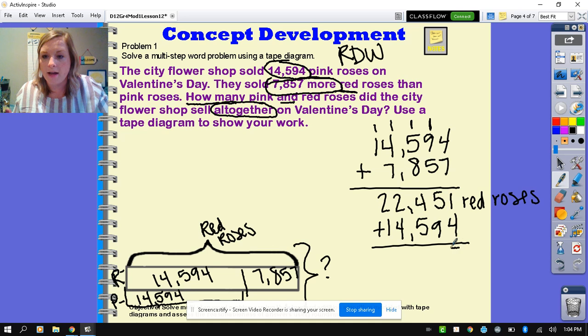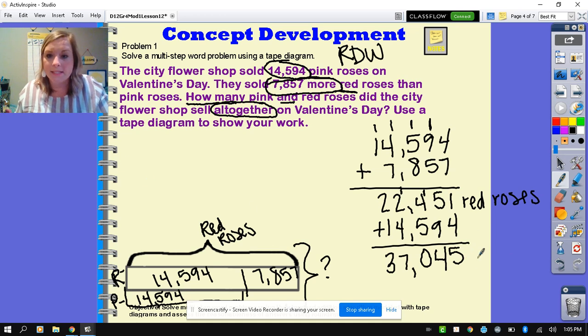So 4 plus 1 is 5. 9 plus 5 is 14. 4 plus 1 is 5, and 5 plus 5 is 10. So I'm going to leave my 0, cash in my 1. 2 plus 1 is 3, plus 4 is 7, and 2 plus 1 is 3. So we have 37,045. Okay, so this is all of our roses.